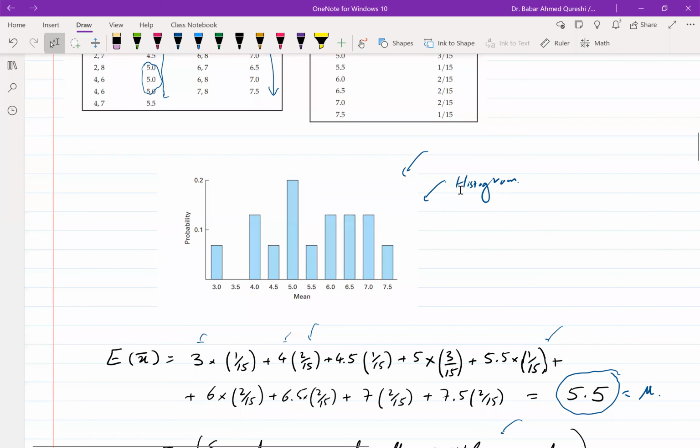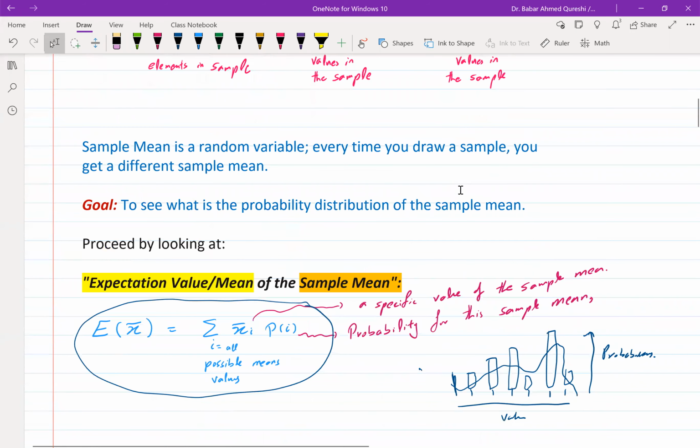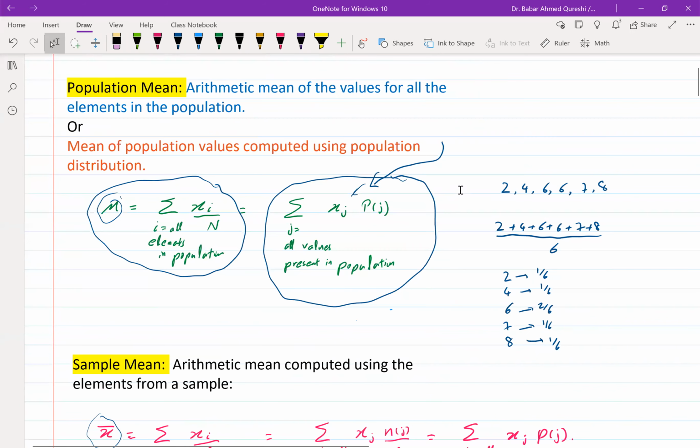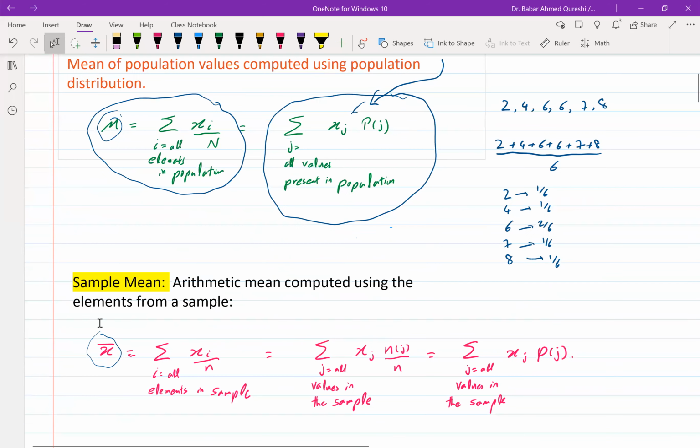Sir, my question was, the mu that you have written, won't that be x bar? Or will it be mu? In principle it is different. Mu is not x bar. Mu is when you compute the mean of the population, and x bar is when you are taking samples and you compute the mean of one sample.